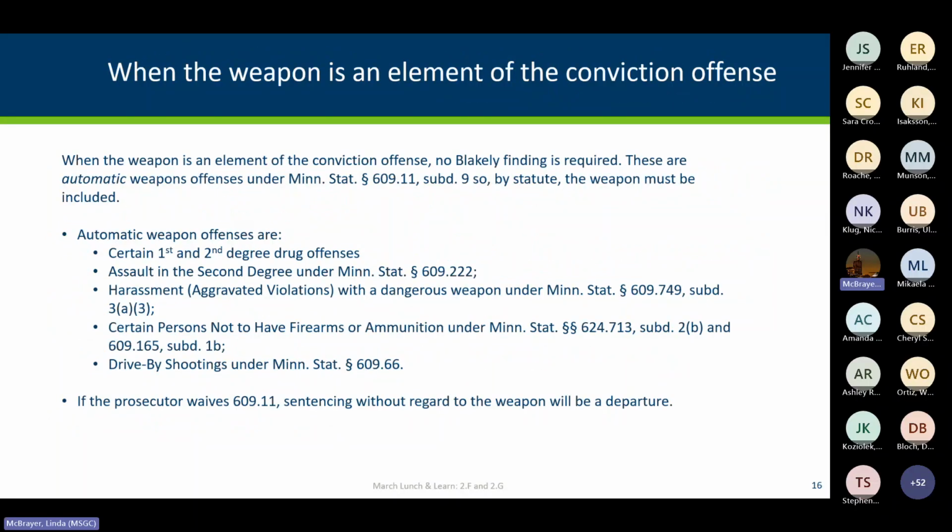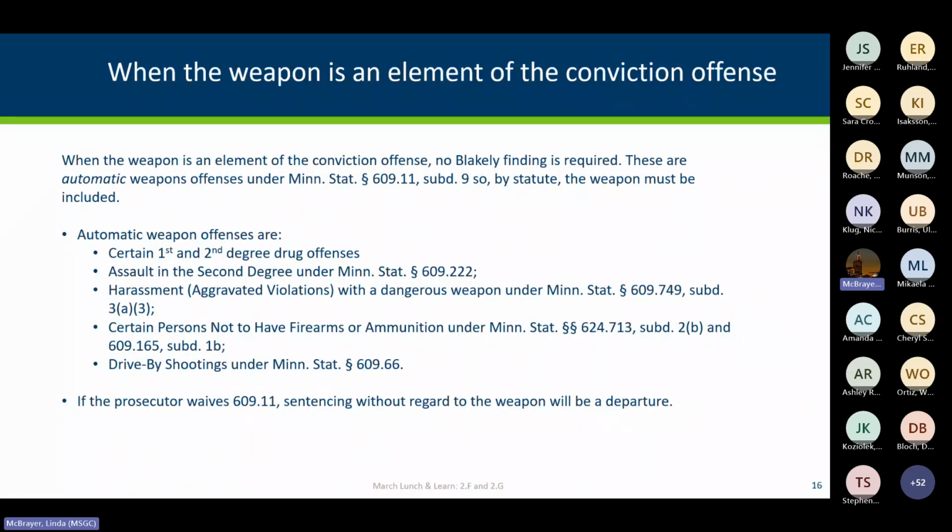When we talk about automatic weapons offenses, we're talking about a few, 3, 4, 5 very specific offenses where the weapon is baked into the offense. So if you're convicted of that offense, it includes conviction of the weapon. Assault in the second degree is one, it's right there in the title, assault committed with a dangerous weapon.